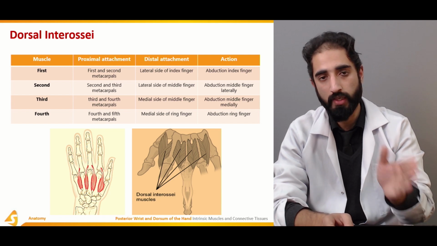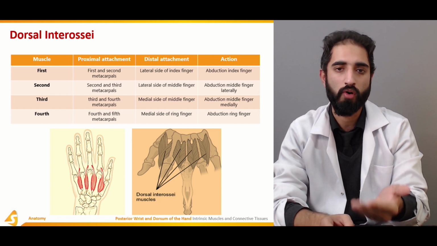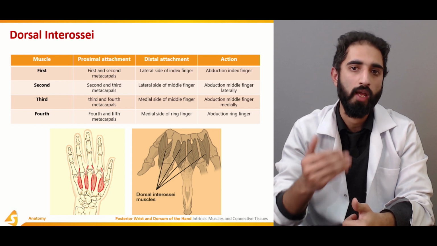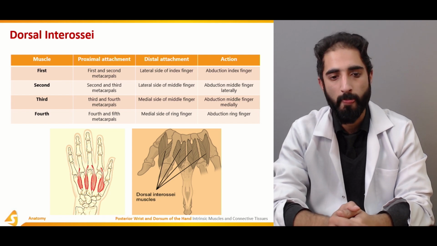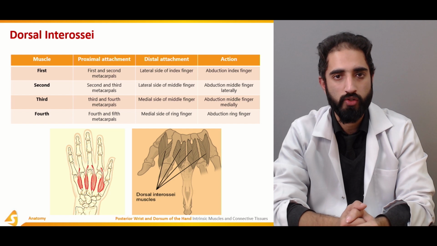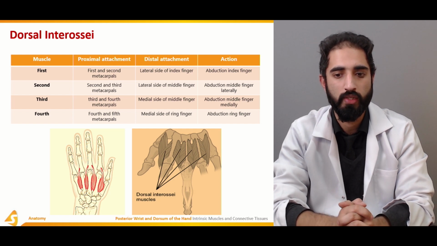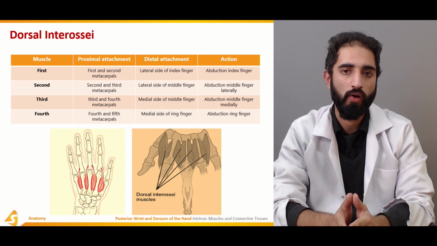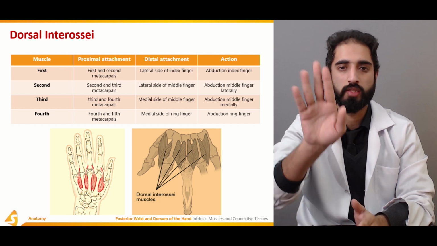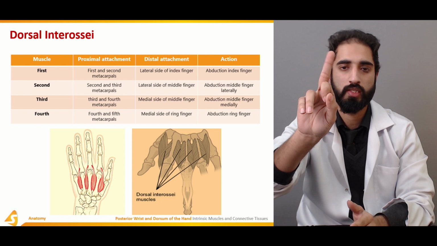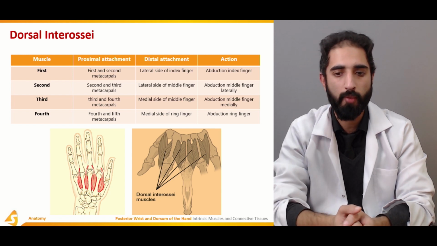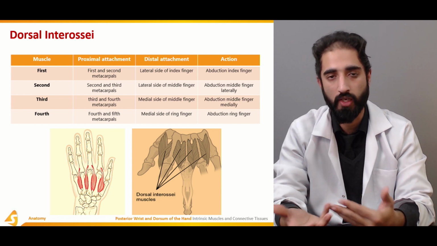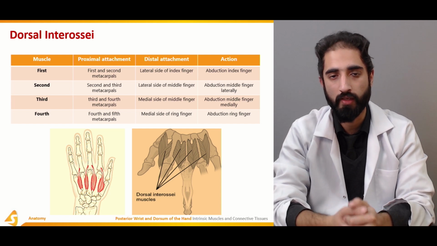Now, there are 2 interossei which are inserting into the middle finger. The second interosseous's function is the abduction of the middle finger laterally, which is towards the side of the radius, which is this function. So this is the abduction of the middle finger laterally, towards the thumb or towards the radius.